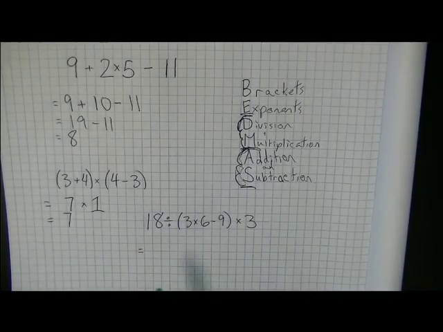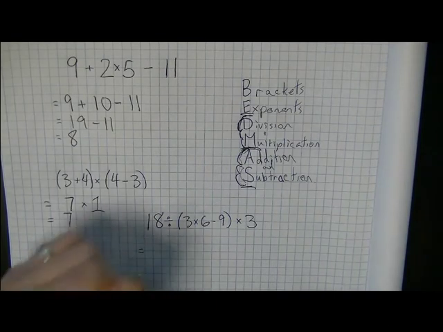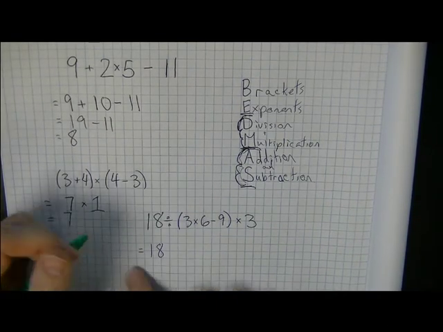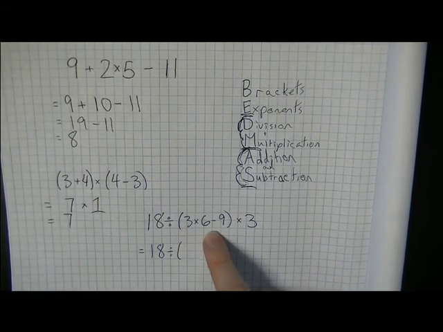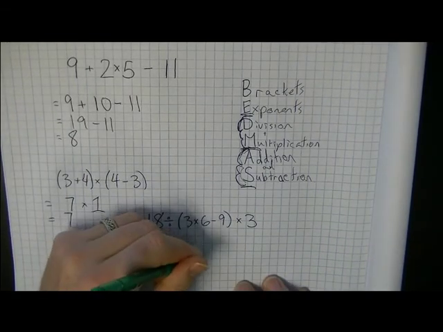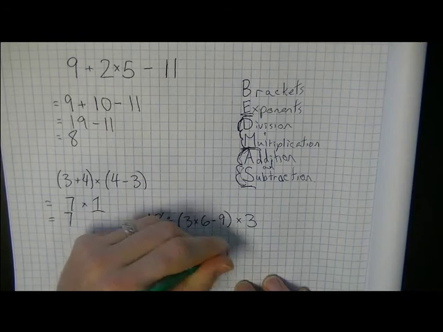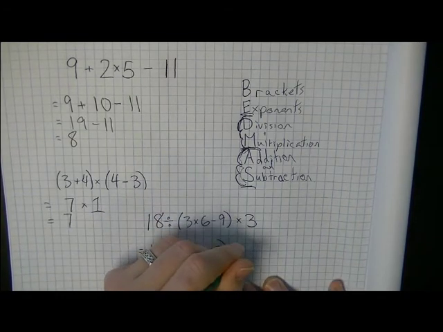Okay, 18 divided by bracket 3 times 6 minus 9 and bracket times 3. Once again, we need to start with the brackets. So we have 3 times 6. So I have to write everything else down and just do the 3 times 6. 3 times 6 is 18. But then I'm going to subtract 9. And bracket times 3.